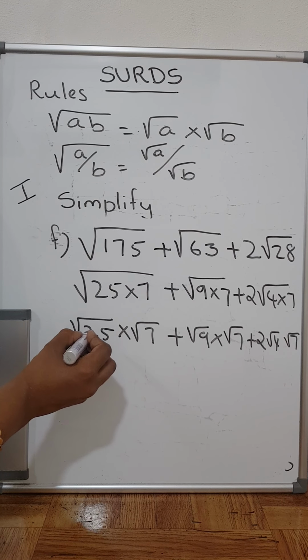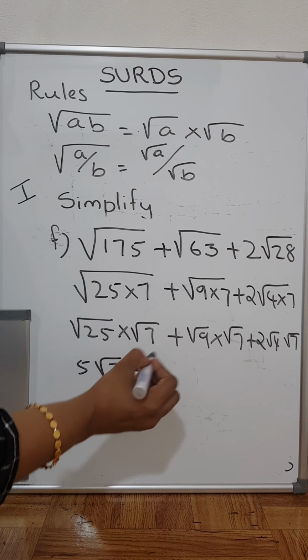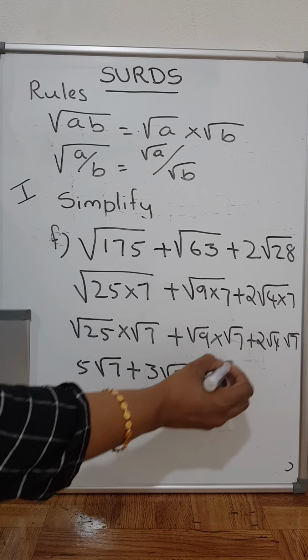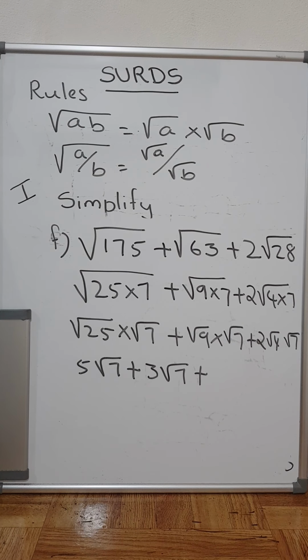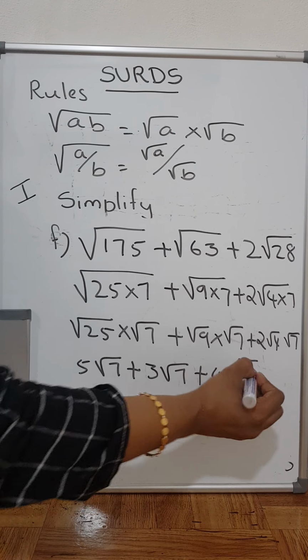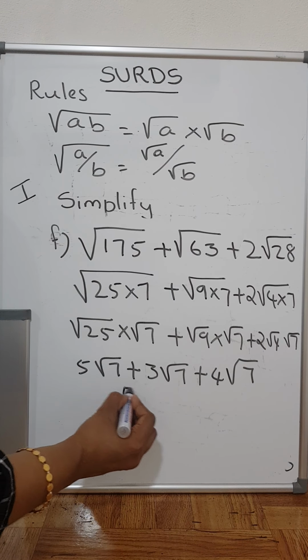So root 25 is 5 root 7 plus 3 root 7 plus 2 times root 4. Root 4 itself is 2. So 2 times root 4 is 2 times 2. It is a 4. 4 root 7. You see, root 7 is common everywhere. Take that out.